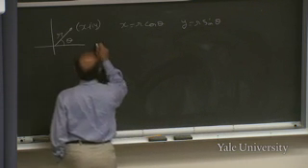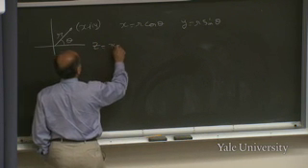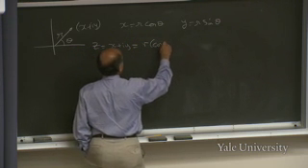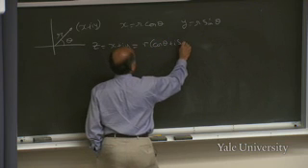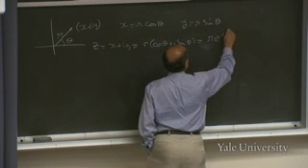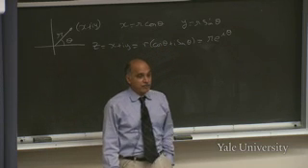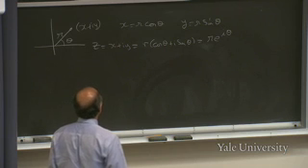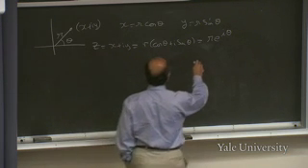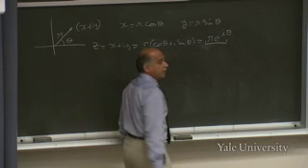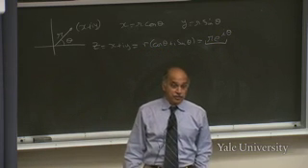Then you can see that z, which is x plus iy, is equal to r times cosine theta plus i sine theta, which you can now write as r times e to the i theta. That's why we did all that work, to tell you that a complex number can be written in this form. You can either write it as x plus iy or as r e to the i theta. They both talk about the same number.